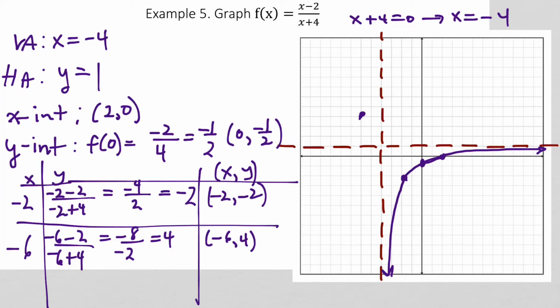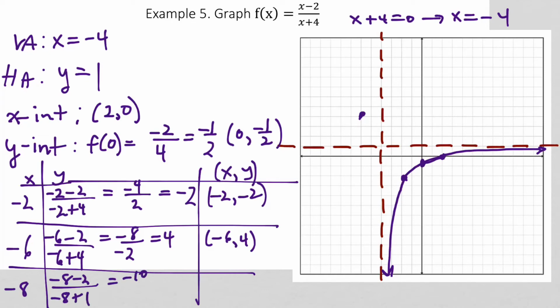If it's up there, then you're sure that it isn't down here, because it has to pass the vertical line test. And it has to approach the horizontal asymptote as x approaches negative infinity, and it has to approach and split here at the vertical asymptote. So we can get one more point in there. We can put in negative 8, for instance. So we'd get negative 8 minus 2 and negative 8 plus 4.